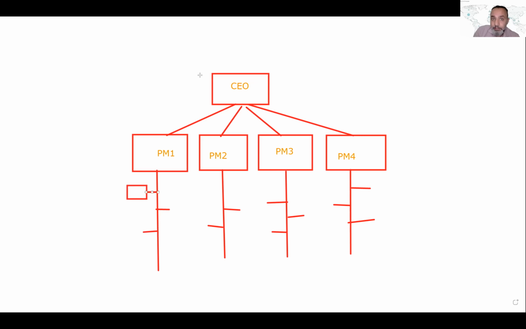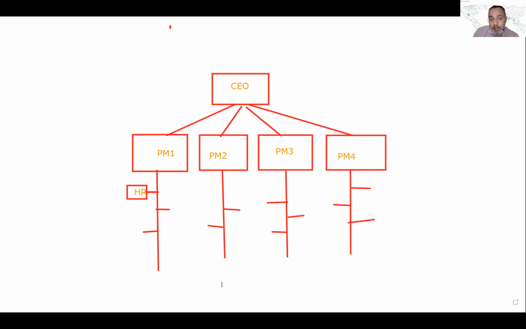But the idea here again is that you want to give the project manager all the control that they need over their resources. You want to give dedicated resources to the project in order to make sure that this project will be a success. So this is the most mature structure that supports project management. What do we call this structure?